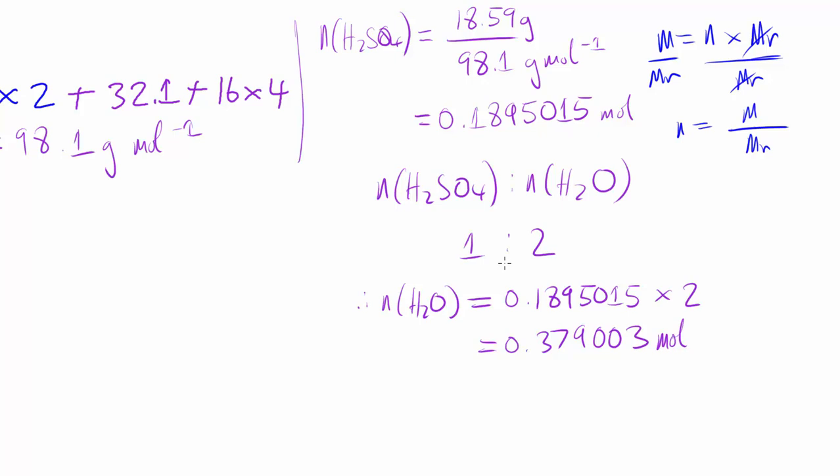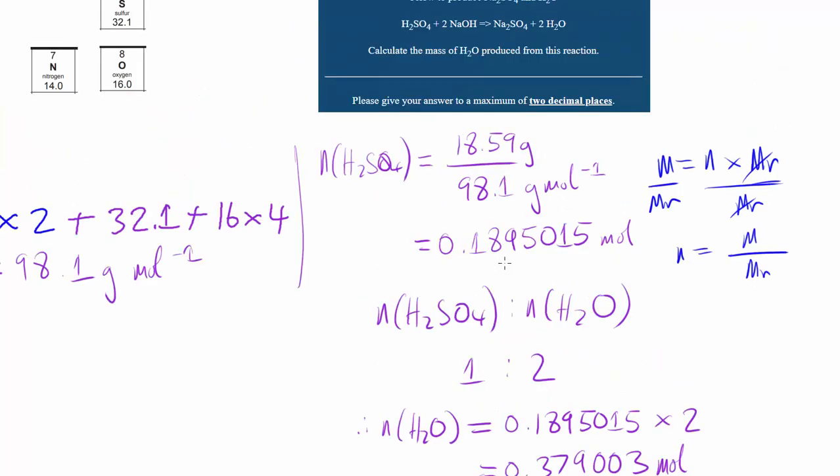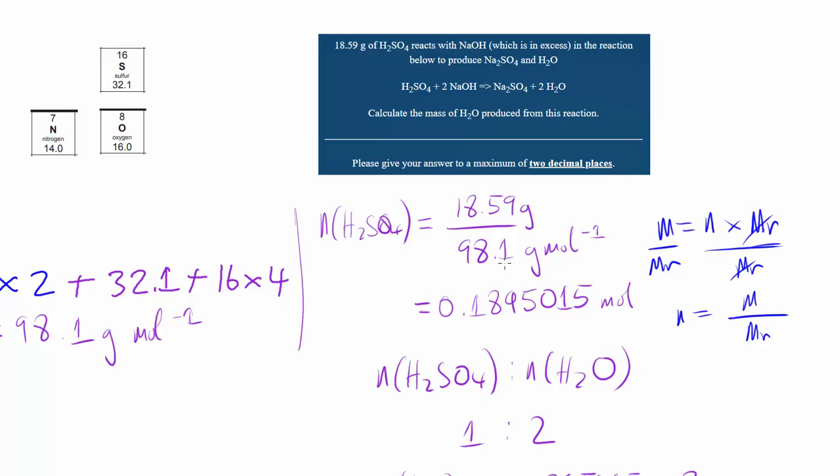Now we've got this value, but this gives us the amount of substance. It doesn't give us the mass, and the question says calculate the mass of H₂O produced.